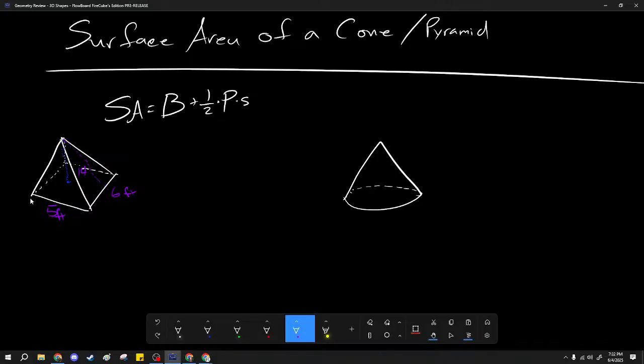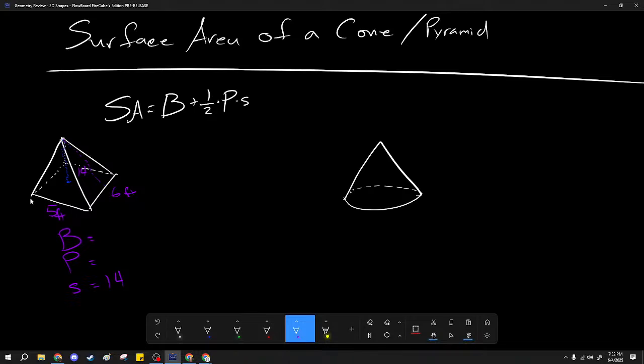So let's write down all of the letters we need. We need capital B, we need perimeter, and we need the slant height. I'm going to get slant height out of the way. It's given to us. It's 14. Perimeter is the distance around the base.